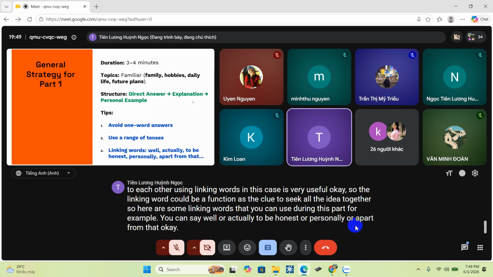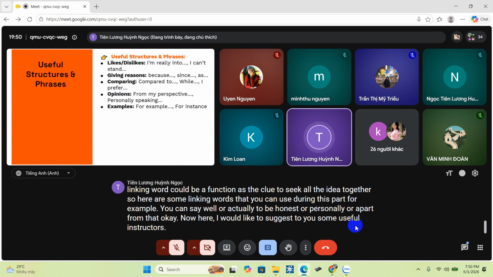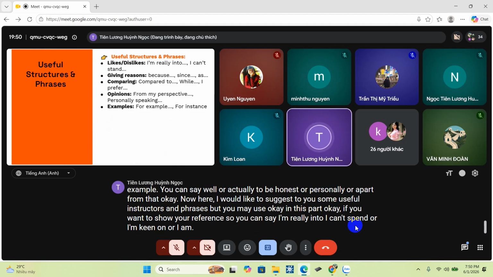Now I would like to suggest some useful structures and phrases that you may use in this part. If you want to show your preference, you can say I'm really into, I can't stand, I'm keen on, or I am interested in something, besides using I like, I love, I hate.